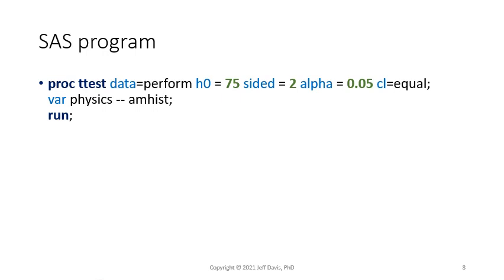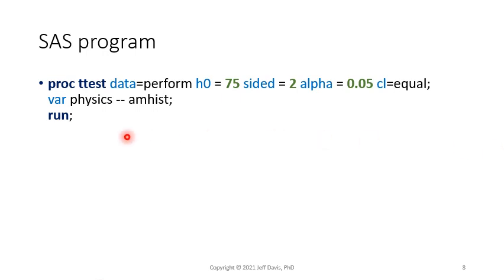Because if it does, that means I cannot reject the null hypothesis. I can only reject the null hypothesis if that confidence limit does not contain the value of 75.